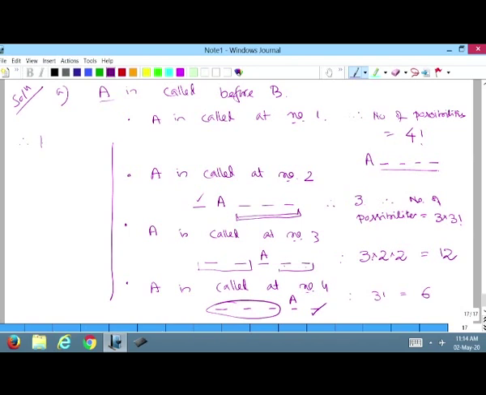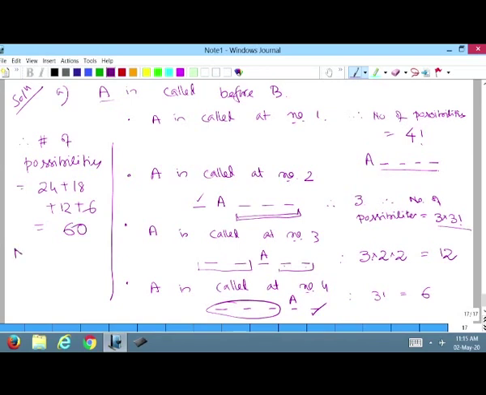Therefore, the number of possibilities is equal to factorial 4, which is 24, plus 3 into factorial 3, which is 18, plus 12 plus 6, is equal to 60.